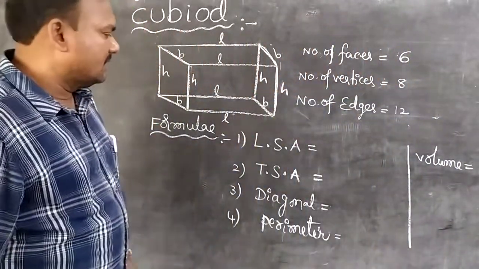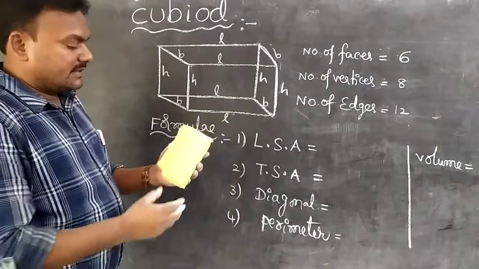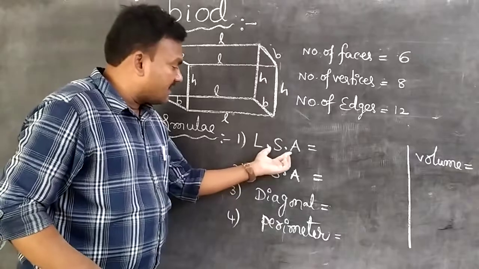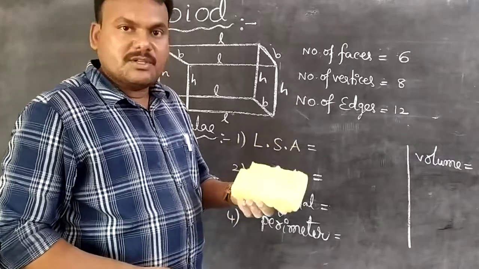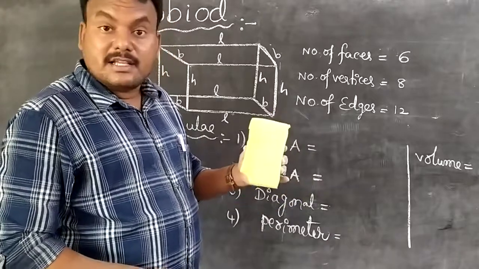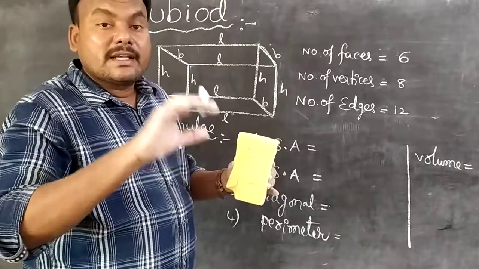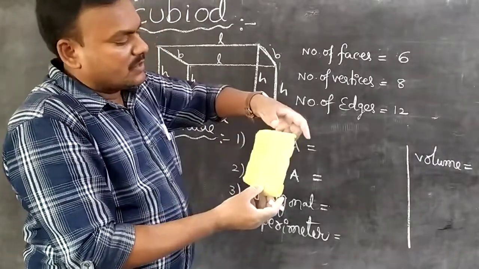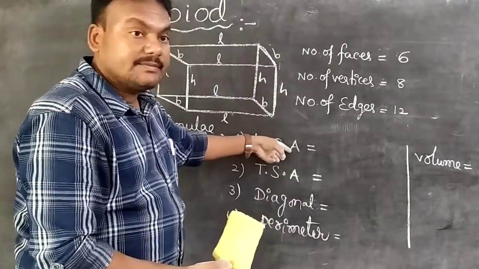Right, observe. Lateral surface area. What is the main difference between lateral surface area and total surface area? Total means we have taken, here observe, like this, it is also a cuboidal shape. Excluding means without. Excluding top and bottom is called lateral surface area.